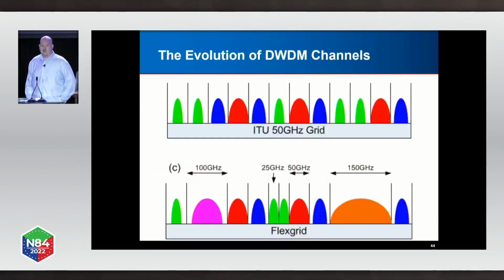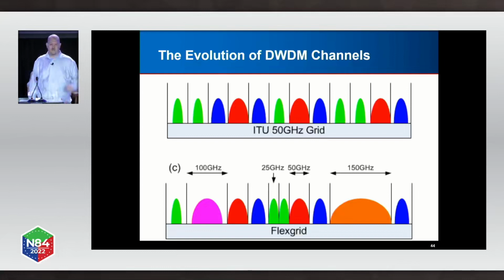So remember I said early on it was about fixed channel sizes, and so it didn't really matter what you sent. It was going to be like, here's a 50 gigahertz grid, and maybe you send a 1 gig signal through, maybe you send a 10 gig, maybe you send 100, maybe you send a wide channel, maybe it's narrow. It doesn't matter. It is what it is. And in a modern flex grid system, you can dynamically tune down into the very small increments.